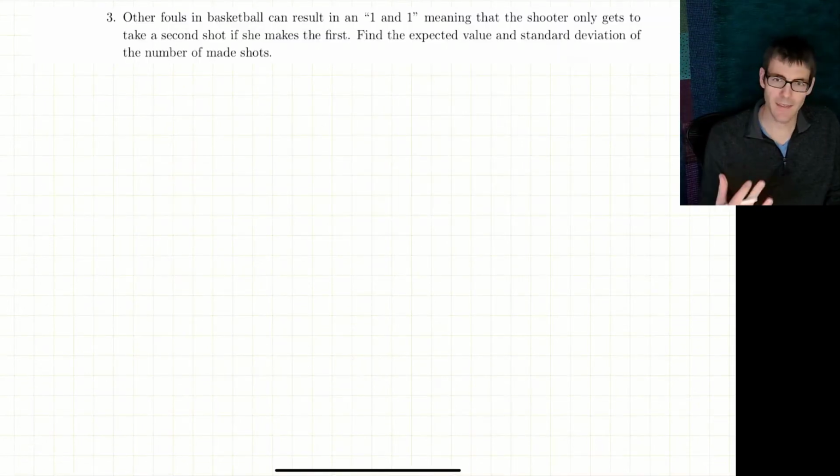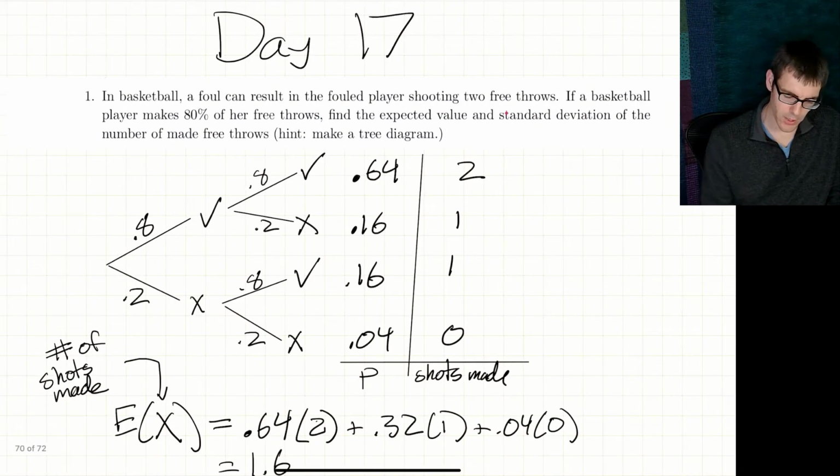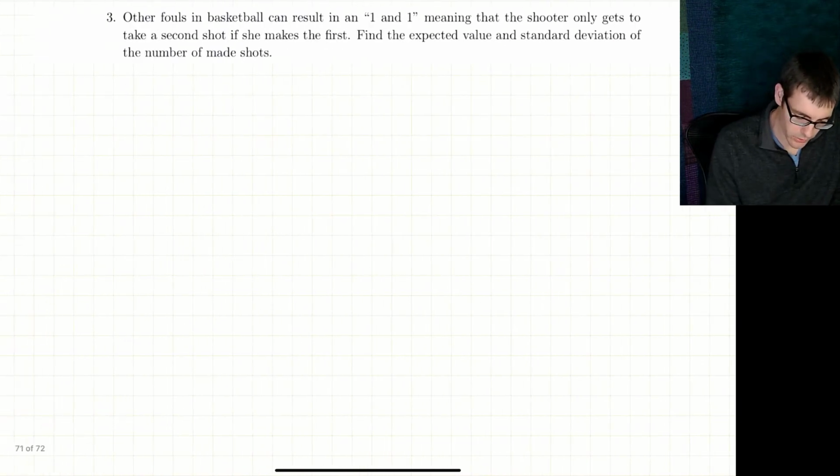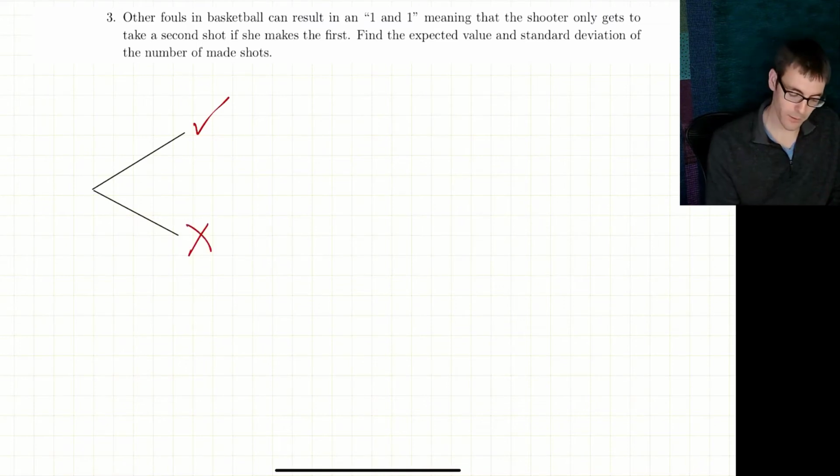All right, the next question is asking about the situation that's a 1-in-1. So in contrast, when you're shooting 2 shots, you always take the second shot. In this 1-in-1 situation, you're only taking the second shot if you first make the first one. So let's start off with the same make or miss first split.